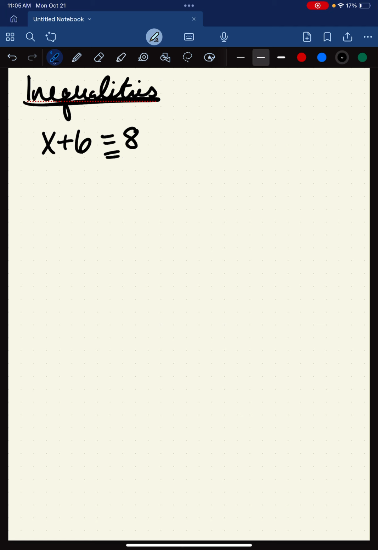That's an equality coming from the equal sign. Now an inequality, let me maybe write this here. An inequality is going to be something that expresses not exactly equal, but going to be less than or greater than some value. So let's start out with greater than.